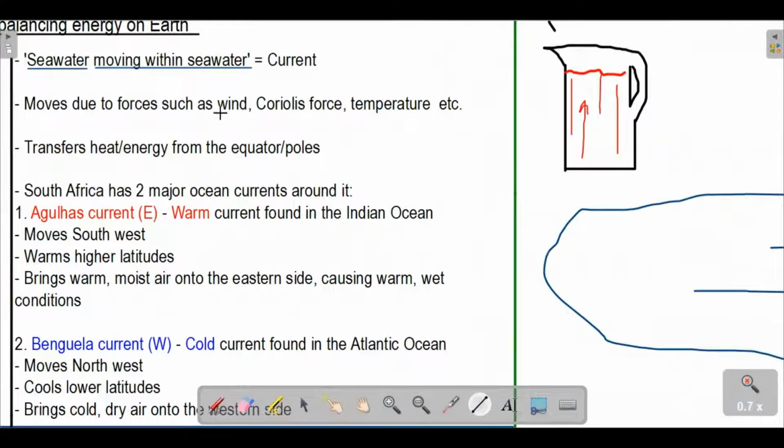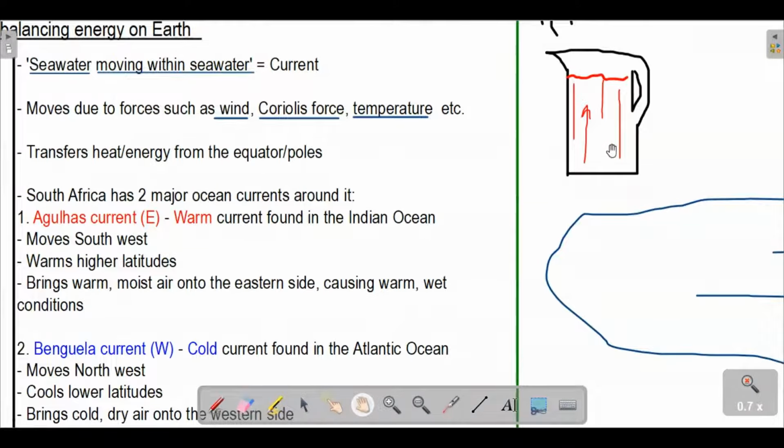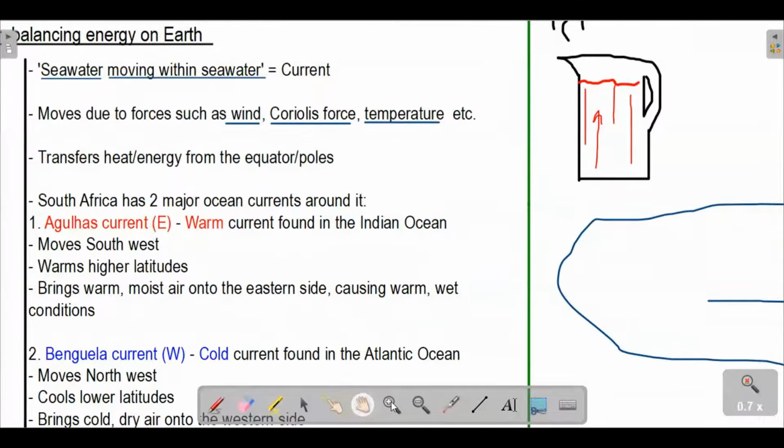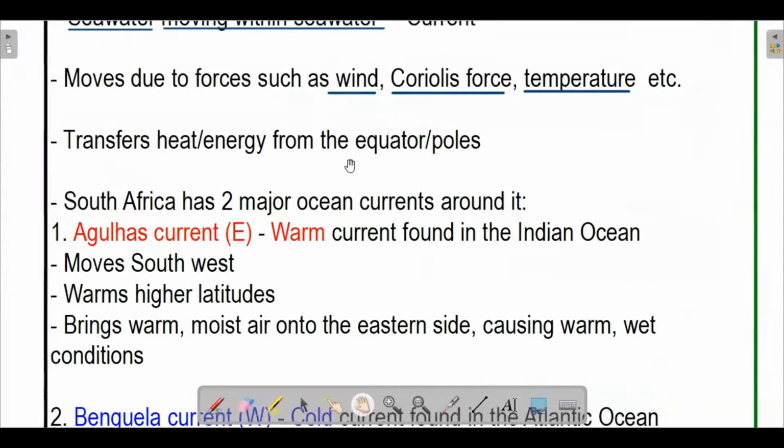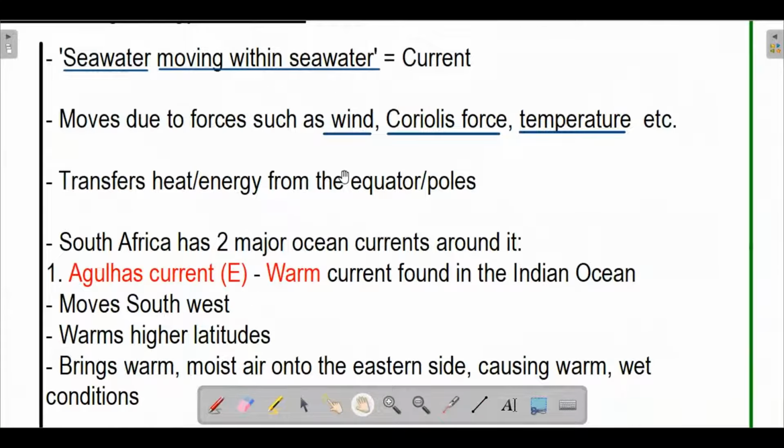It could be wind that forces them to move, or Coriolis force, we'll talk about Coriolis force, or temperature, or differences in density, or differences in salinity. So there's a lot that contributes to having currents moving within a body of water.